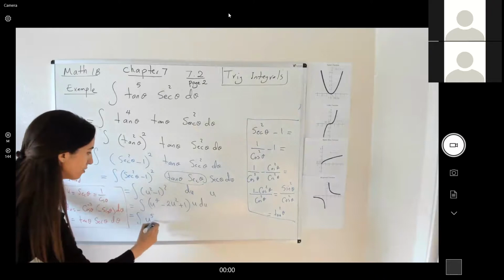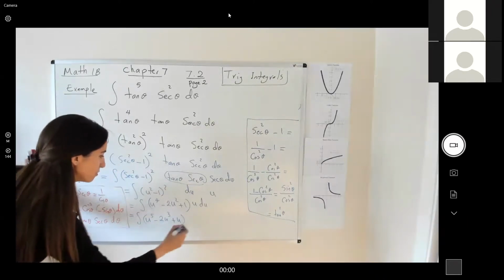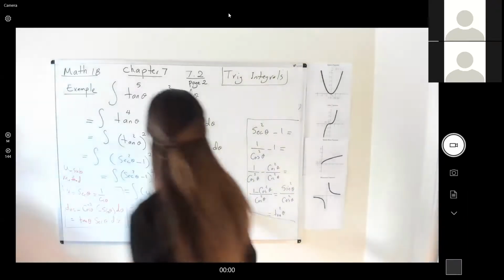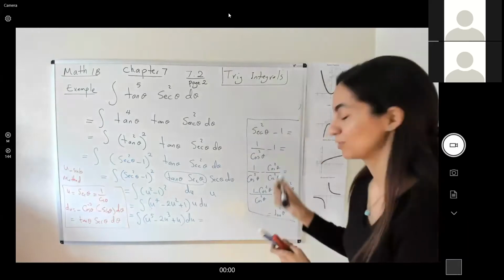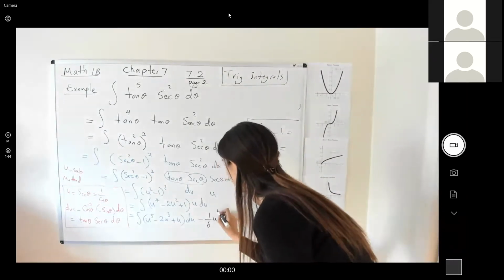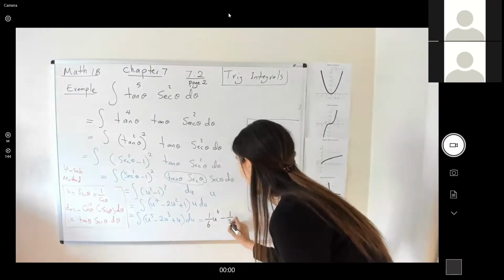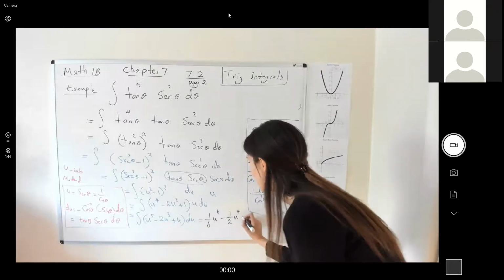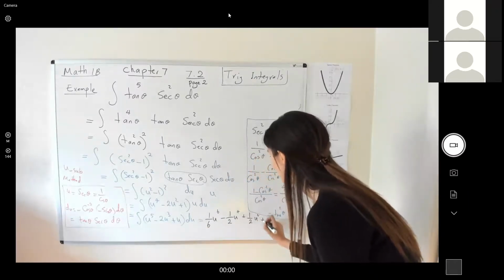u to the 5th minus 2u cubed plus u du, which is equal to 1 over 6 u to the 6th minus 2 over 4, a half, u to the 4th plus a half u squared plus c.